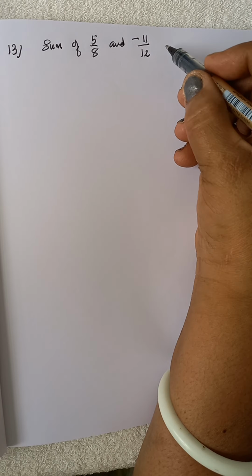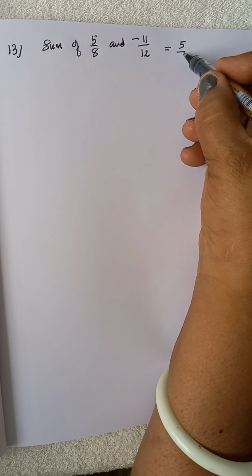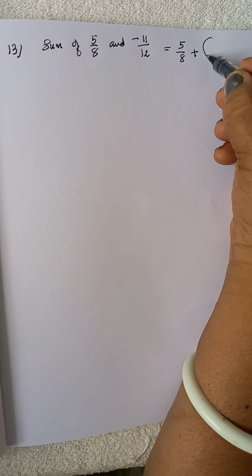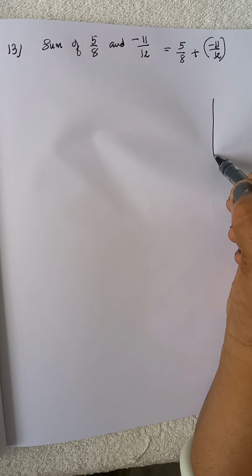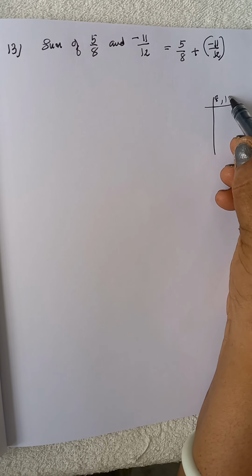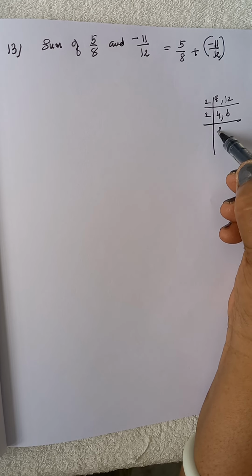So the sum of 5 by 8 and minus 11 by 12 is equal to 5 by 8 plus minus 11 by 12. Now, what is the LCM of 8 and 12? With 2, 4 and 6; with 2, 2 and 3.